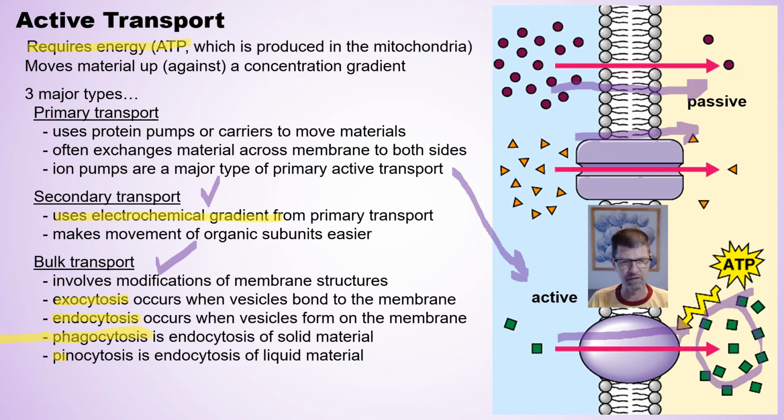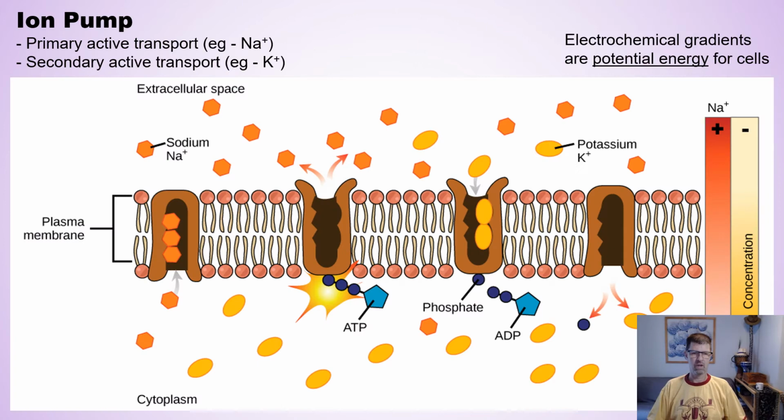And then finally, there's another word here that is pinocytosis, which is basically, if we're going to call phagocytosis cellular eating, pinocytosis is going to be cellular drinking because it is endocytosis of liquids. So taking in solids is phagocytosis, taking in liquids is pinocytosis. And we'll see some examples of those. I just didn't have any pictures here. So remember, we did passive transport, and now we have 3 types of active transport.